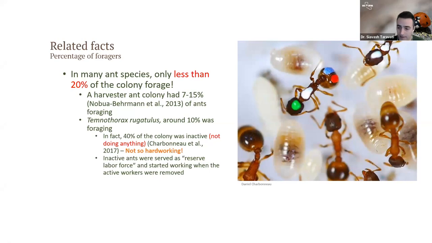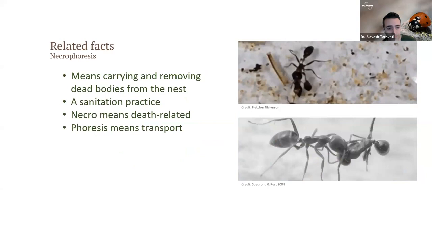They start foraging. So they're there ready to be called, and as soon as there's a need, they start working. So the larger the colony gets, probably the larger the reserve labor force. This is very interesting, but just pay attention to the percentages. Only a small percentage of a colony actually forages.